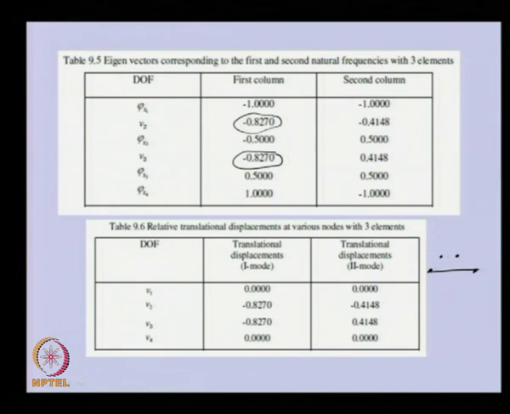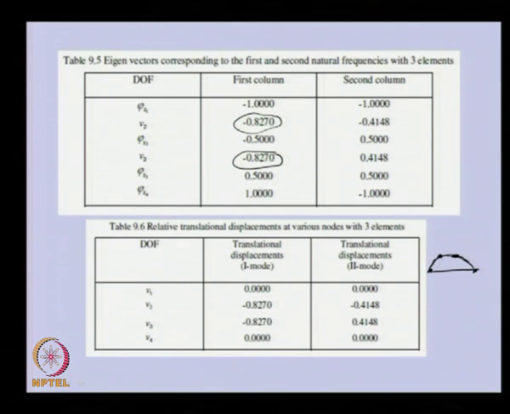In between these we can join, or predict the displacement using the shape function, which is cubic in nature. So, we will get something like this for the first mode, but only these are the intermediate points we know from the finite element method. In between we need to predict using the shape function. So, this is for the first mode.